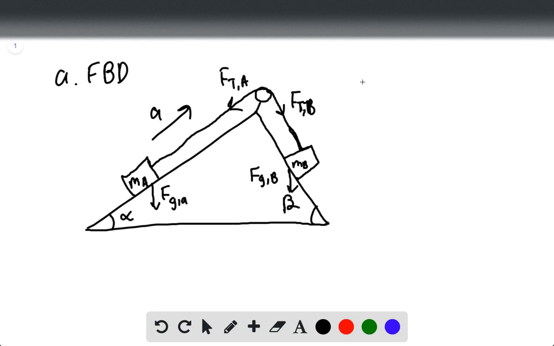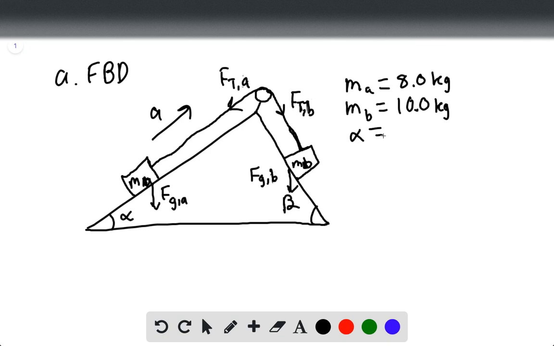So we have some of our givens. The mass of block A, we'll say lowercase a. We'll just change it all to lowercase, it's a little bit easier to manage. So mass of A is going to be 8.0 kilograms. Mass of B is going to be equal to 10.0 kilograms.